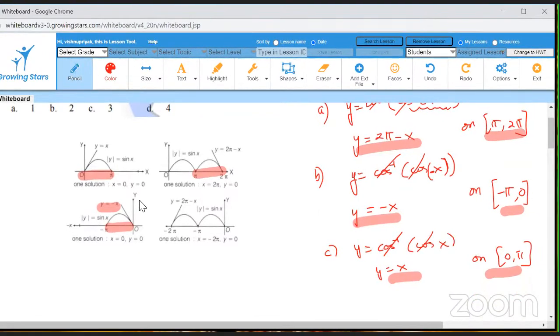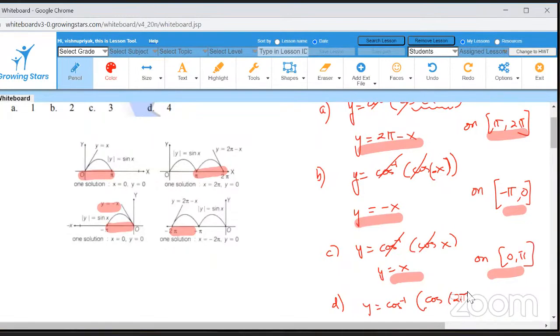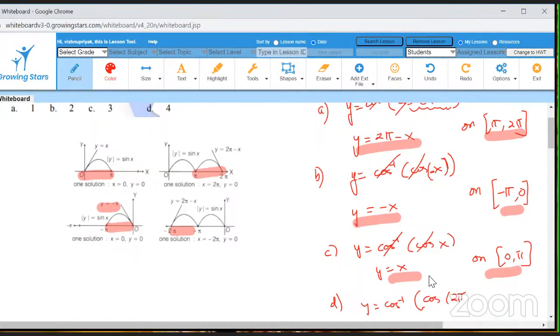The last case is when it is between minus 2 pi and minus pi. The third case: you can write cos inverse of cos x, and for cos x you can write cos of 2 pi minus x or 2 pi plus x, anything.